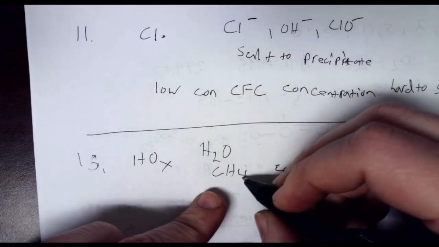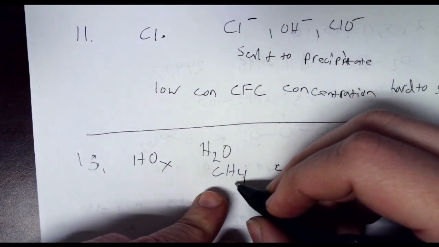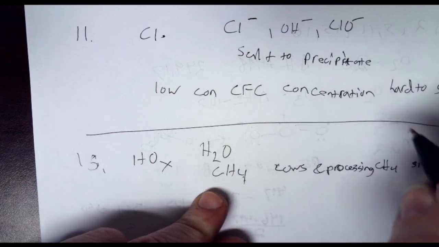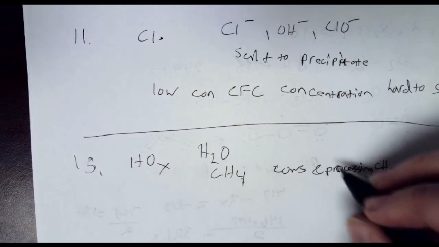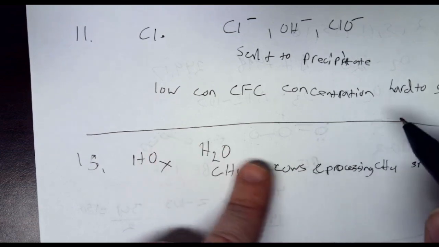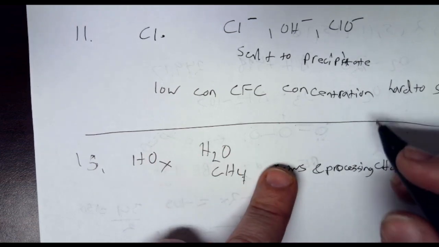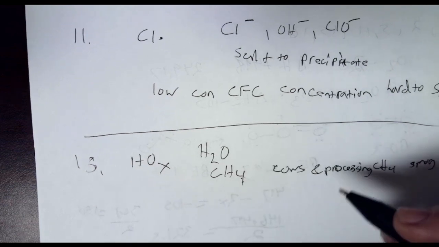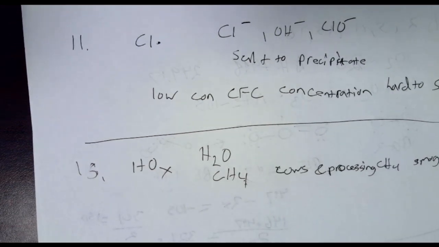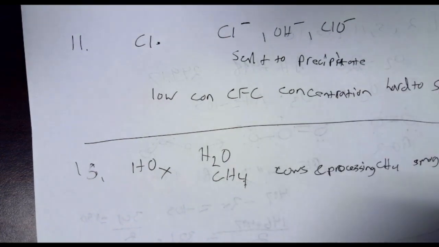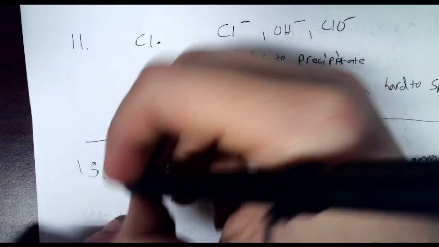Now methane can be a natural byproduct of organic decomposition, but it also can be from animals. So methane is a source for both. Water can be a natural source, or it could be an anthropogenic source, depending on how it's produced. So there's some links, but I mean it's pretty much the same chemical either way.